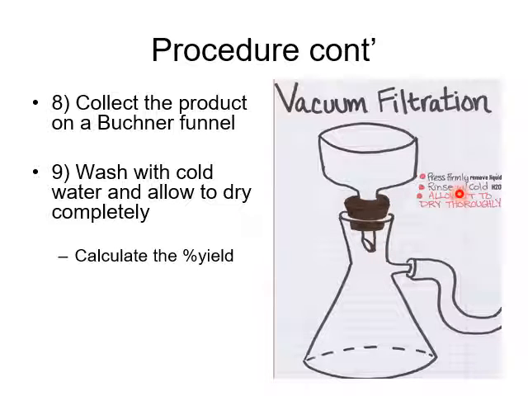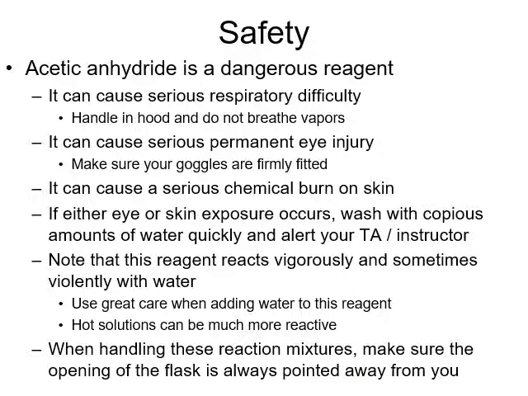It's important that you allow it to dry because you have to weigh it. So if it's wet, you will actually weigh not only the weight of your compound, but also the weight of water. So it's going to mess up your yield calculations, right? So you have to make sure that it's actually dry. So you just let it sit there drying for about 20-30 minutes, maybe more.